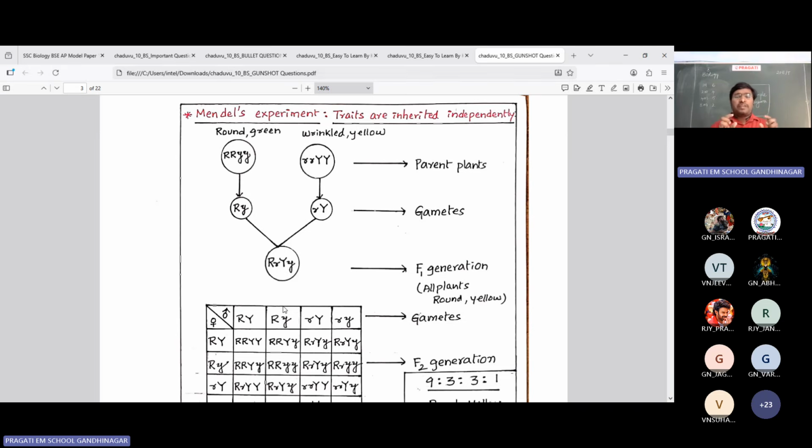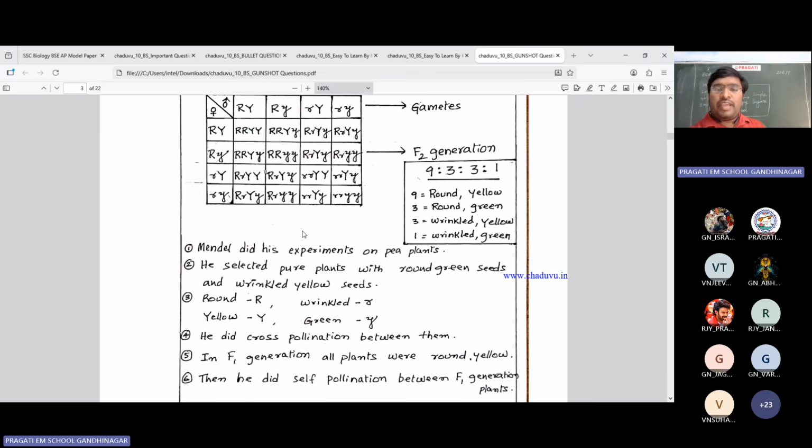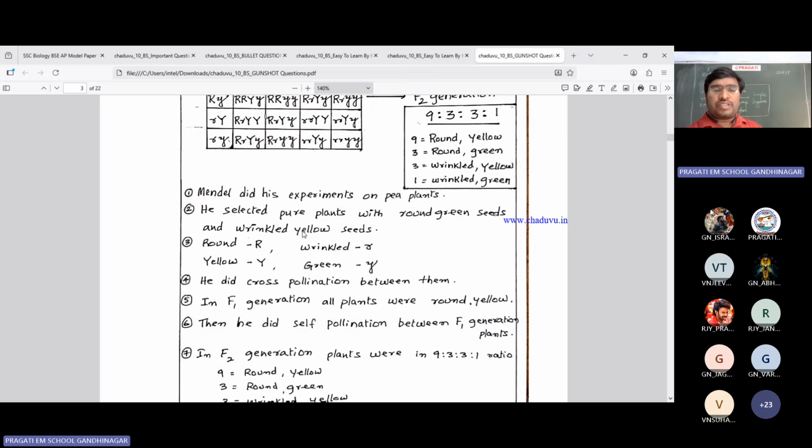And out of these parents, what are the gametes which you are taking here? In the first parent, capital R and capital Y, I mean. Whether you take pure traits or impure traits, the result may be the same. Okay children, so this is the checkerboard. You already practiced this type of question.